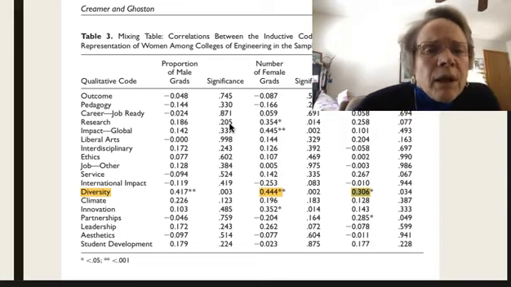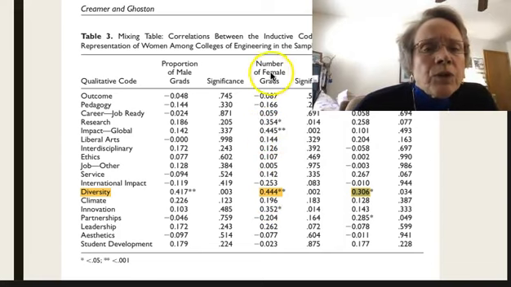Well, you can see a few values other than the ones I highlighted that are moderately strong. These are correlations between the number of female grads and these qualitative codes. So you see one here in Impact Global, which is actually, I think, a very telling conclusion.